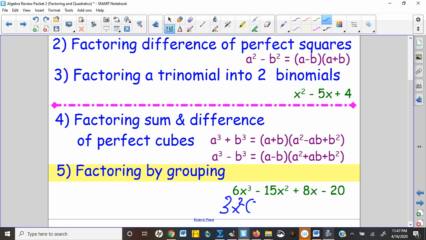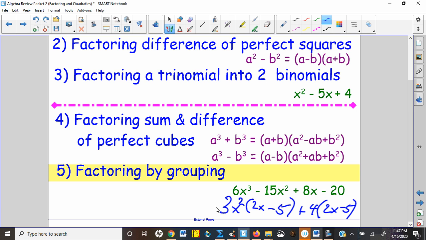That leaves me with 2x minus 5 left over. Now with the 8x and the 20, the only thing they really have in common is a 4, leaving me with a 2x minus a 5 here.